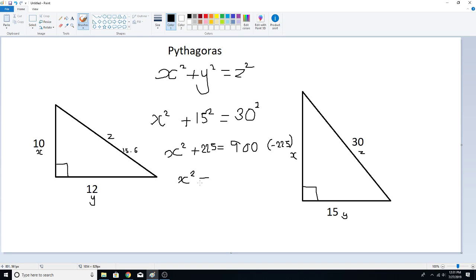It equals 900 minus 225, because you have to pass along the 225 to the other side too. And that equals 675. Then we square root 675 so we can find x.